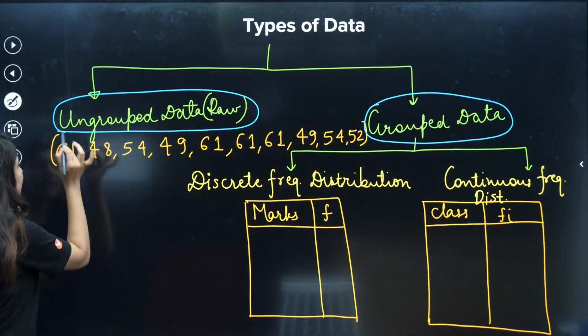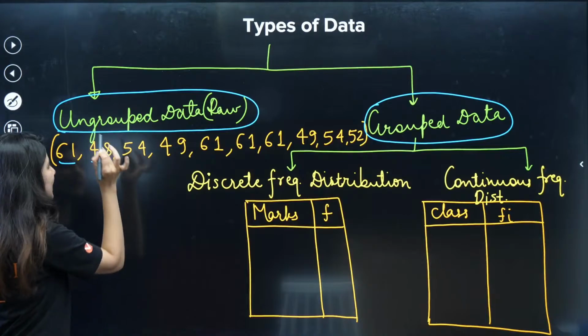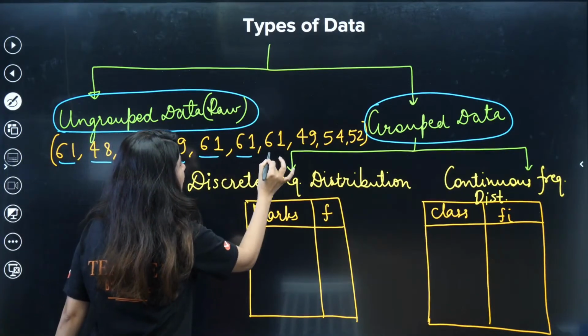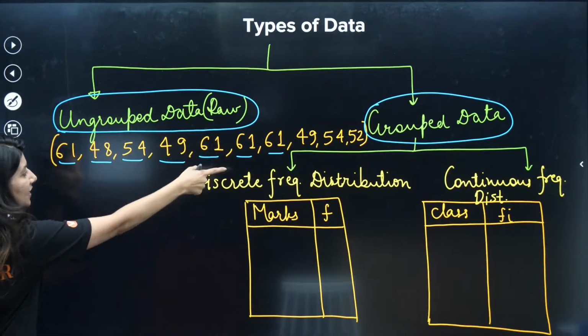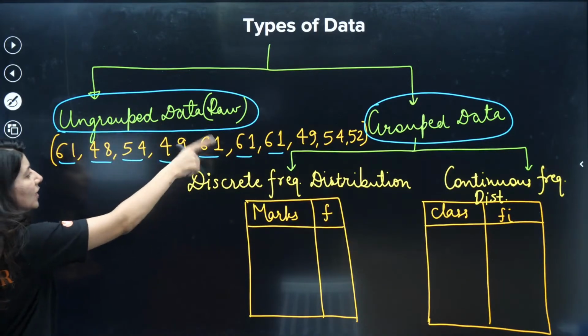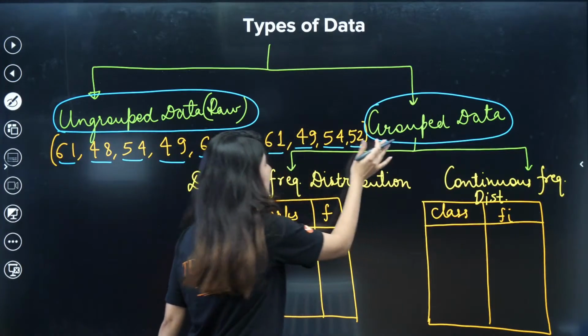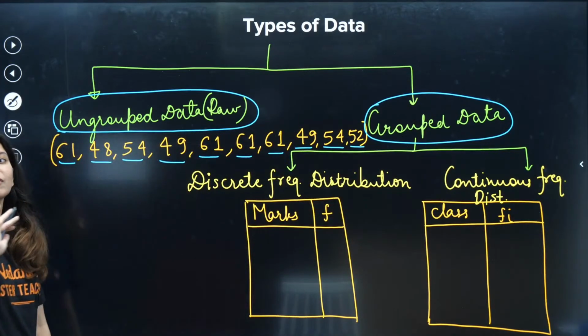So one student is getting 61, another student is getting 48, then 54, 49. Actually 4 students total are getting 61, and then 49, 54 and 52. These are the marks in mathematics out of 100.